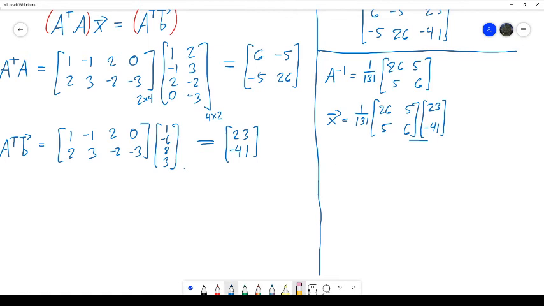So we're going to have 1 over 131 times the product of these two matrices, which first we have 26 times 23 minus 41 times 5. That is 393. And then we have 5 times 23 minus 41 times 6. That is negative 131.